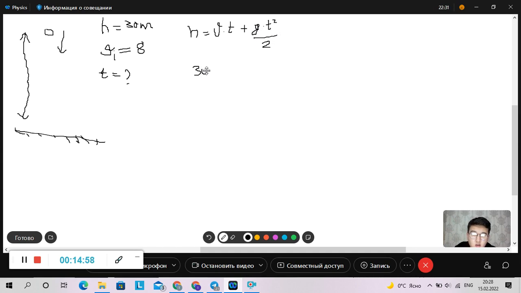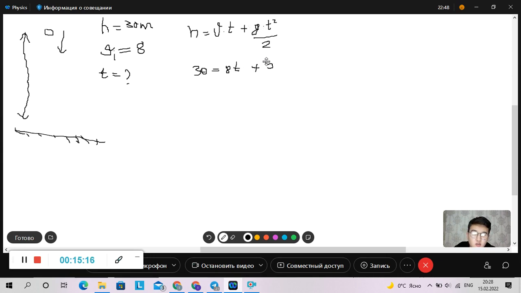I will put in the numbers: 30 is equal to 8t plus, and gravity is also 10.